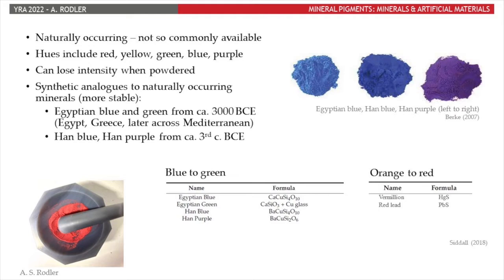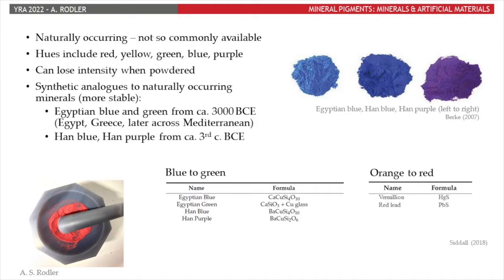So here, the upper part, you can see examples of Egyptian blue and Han purple that were synthesized by Berke and published in 2007. So for Egyptian blue, for example, the coloring agent in it is copper, and then it was mixed together with sand, some quartz sand, which was probably also rich in limestone, or limestone was added separately.